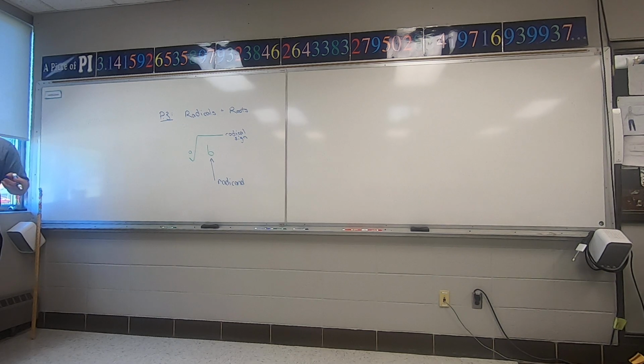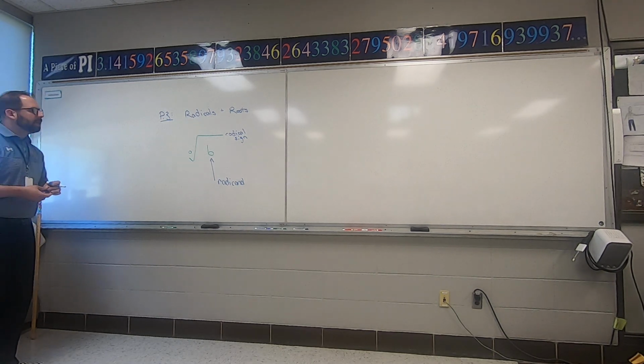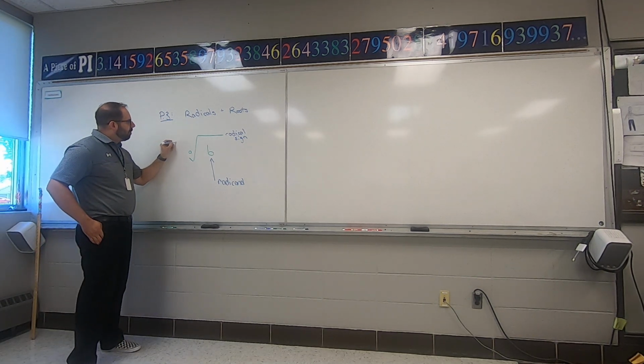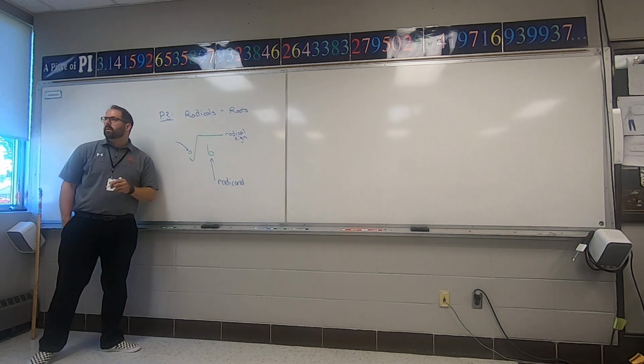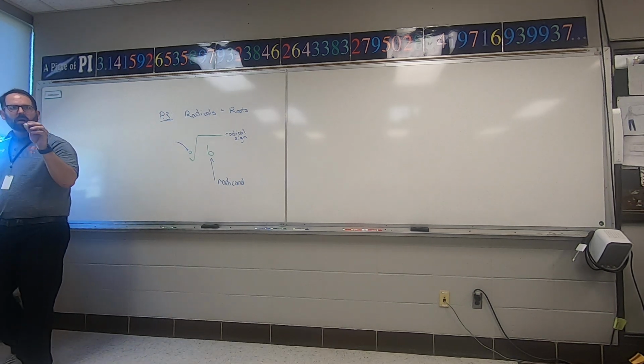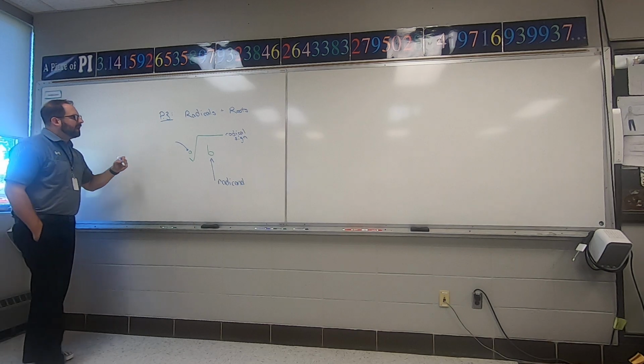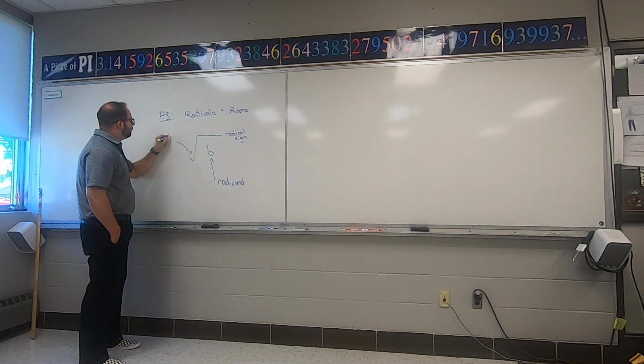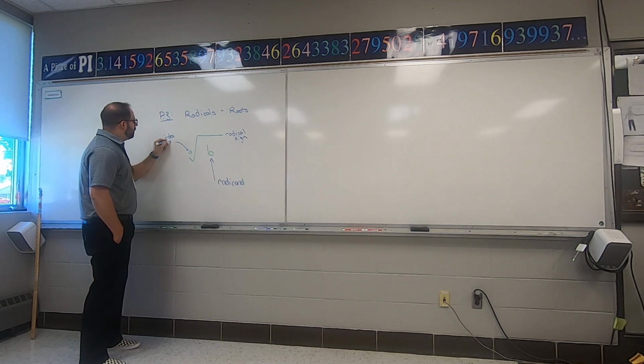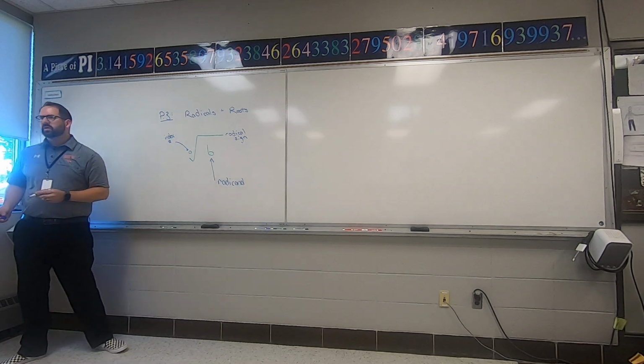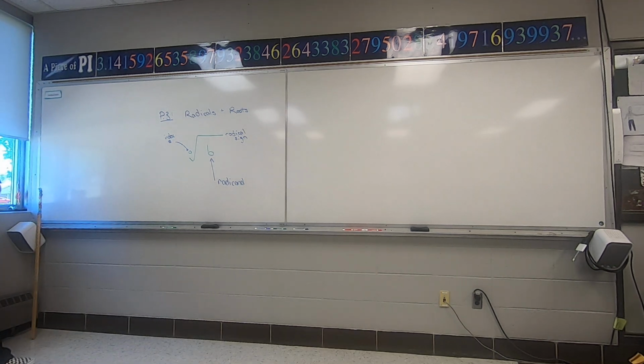I'll walk through what it's asking for in a minute. And the number on the outside, sitting in the little tail of the radical sign, is called the index number. Some vocab words for you. I know some of you have probably seen that before, maybe some of you haven't.